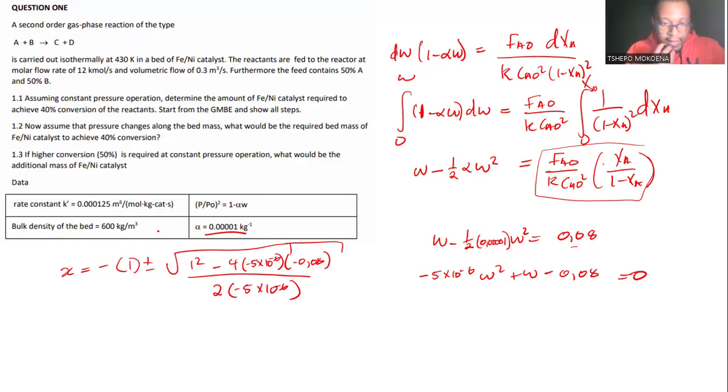Let me redo it: 1 minus 4 times negative 5 times 10 to the power negative 6 multiplied by negative 0.08, divided by 2 multiplied by negative 5 times 10 to the power negative 6.